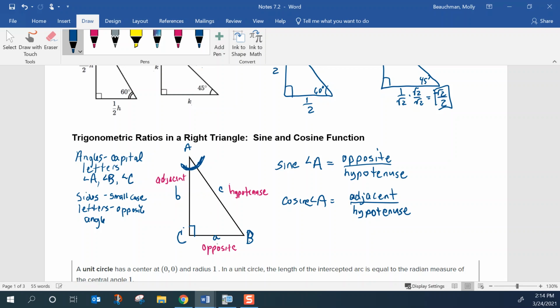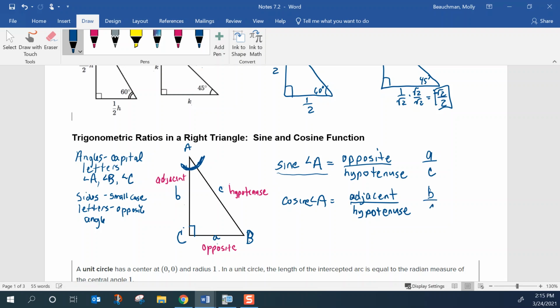There are 6 different trigonometric ratios in the triangle. In this section, we're concerned with 2 of them, and then we'll do the other trig functions in a later lesson. So the sine of an angle, the first trig ratio, is the ratio of the opposite to the hypotenuse. So in this case, opposite would be A, hypotenuse would be C. The cosine of an angle is the ratio of the adjacent side to the hypotenuse.